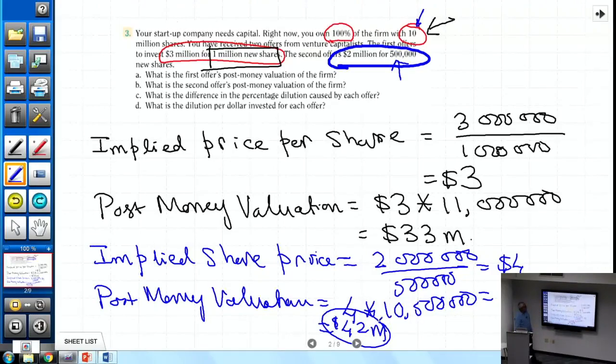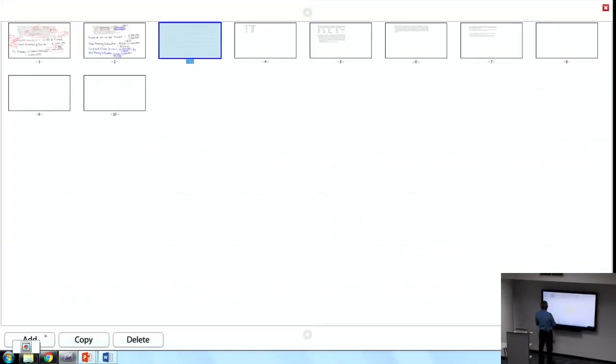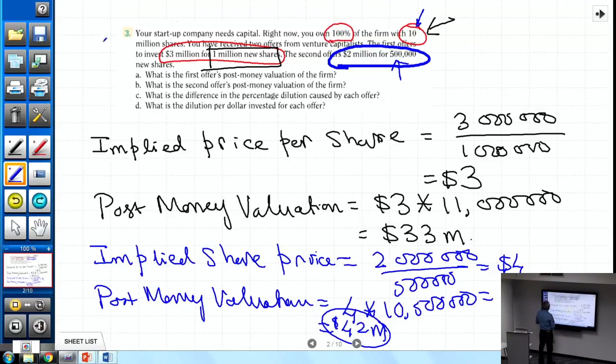So question C is, what is the percentage dilution caused by each offer?